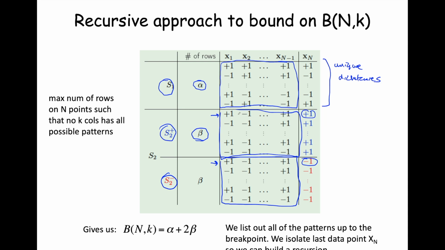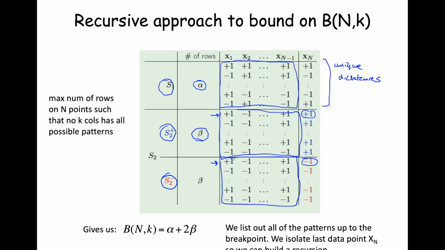Because you have a copy of each row in the first n-1 positions in set S2 plus in set S2 minus, if S2 plus has a size of beta, so too will set S2 minus. It will also have beta many rows, beta many dichotomies.